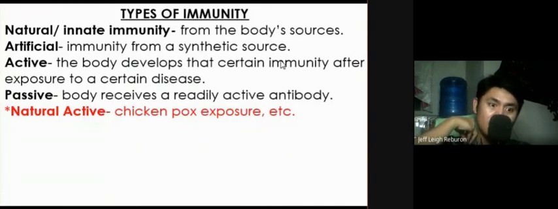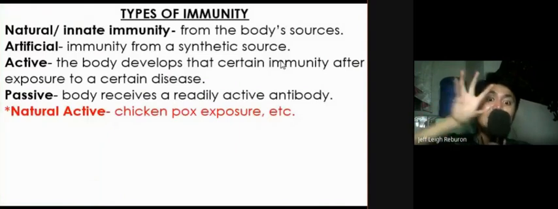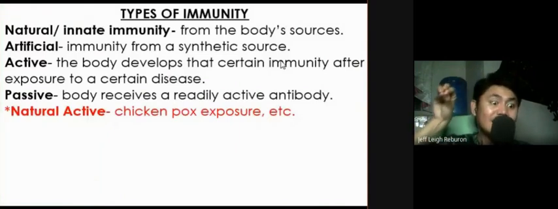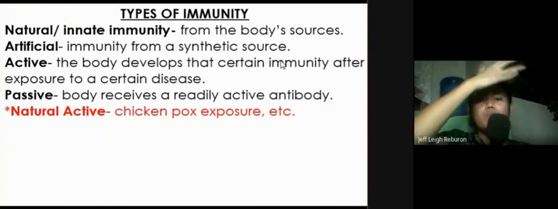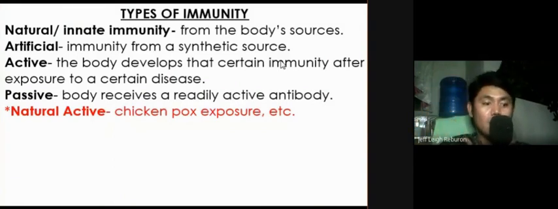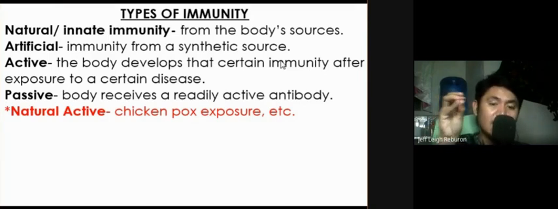The body will form the antibody against that antigen. Meaning, magpo-produce yung katawan ko ng antibody against that chickenpox antigen. Nagets po ba? So, dahil sa example na yon, ako mismo ang gumawa ng sarili kong immunity or antibody. Okay? Na nangyari yon because I had exposure to that certain antigen.